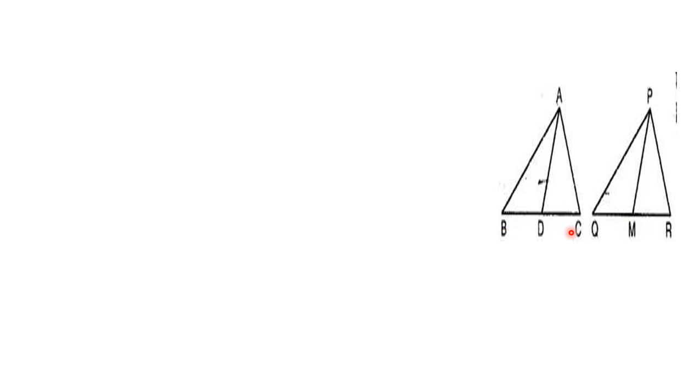So BC is twice BD and QR is twice QM. So we can write AB upon PQ is equal to twice BD upon twice QM, and 2 and 2 will cancel out. So we get AB upon PQ is equal to BD upon QM.